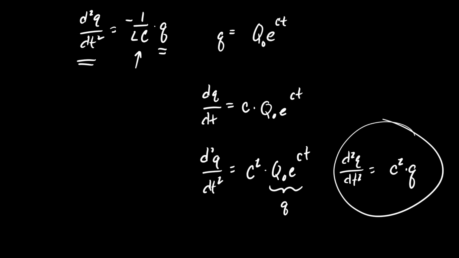How close is this model function to what we're trying to get? I'd argue close, as long as c was the square root of 1 over LC, right? So if I made that replacement, that would work.